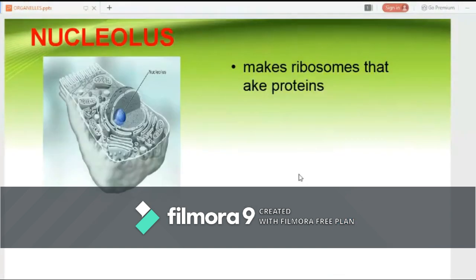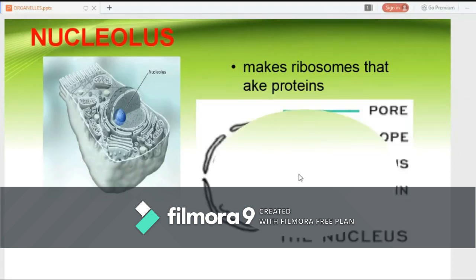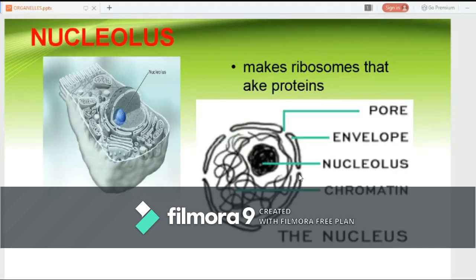We have the innermost part of the nucleus, the nucleolus. The nucleus directs the synthesis of ribosomes, but how is it possible? The nucleolus is organized around regions of some chromosomes containing DNA that encode ribosomal RNA.